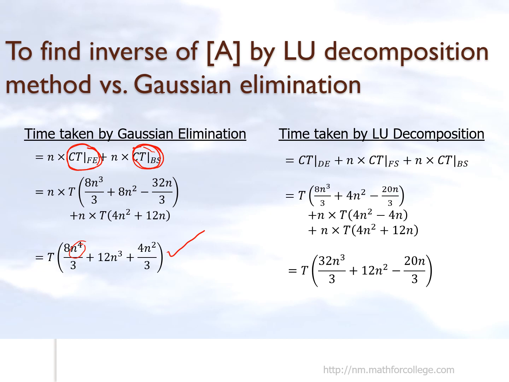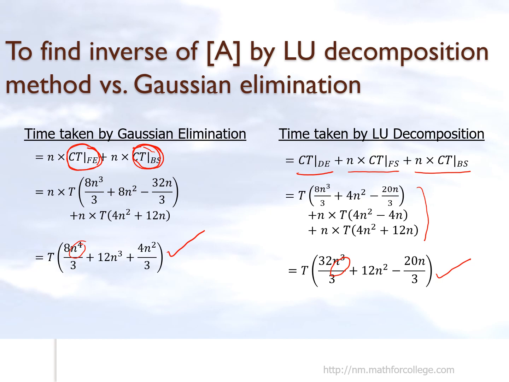However, when I'm doing LU decomposition method, I have to decompose the matrix only once. However, the forward substitution will have to be done n times and the back substitution will have to be done n times. Why? Because I got n different right hand sides. And once I do the addition of these three quantities, this is what I get. And look at this.